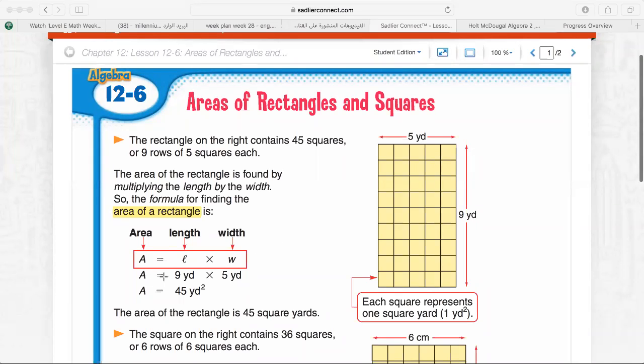When you are calculating the area, you have to put this small 2. Okay? This exponent 2. The small 2 up is called an exponent. You have to put it up, only in the area.